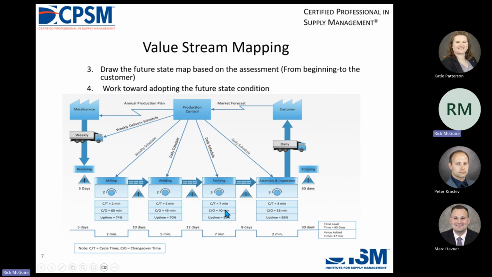CO is changeover time when you're changing over the tool. And then you've got uptime for the machine. So this is milling, welding, painting, assembly, and inspection. And then you've got electronic inputs here. And see, this is just looking at one factory. It's producing, it's not looking at suppliers or customers.